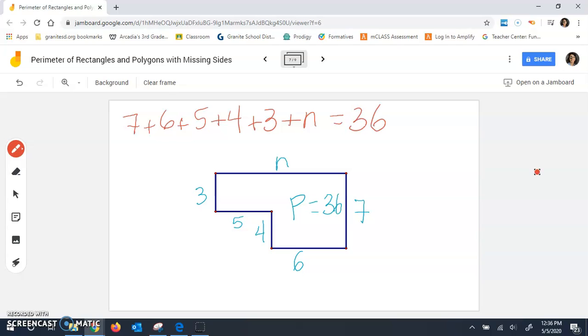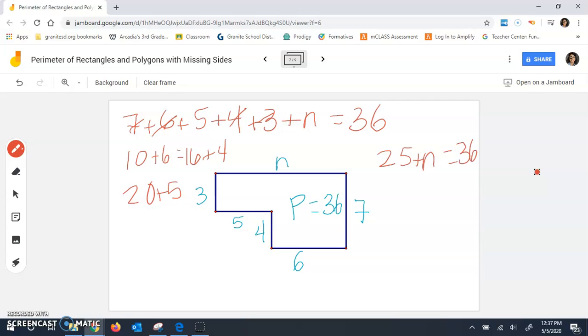I'm going to add these all together. 7 plus 3 is 10. Plus 6 is 16. So make 10, do your math however it helps you. 16 plus 4 is 20, and 20 plus 5 is 25. So we have 25 plus something equals 36.